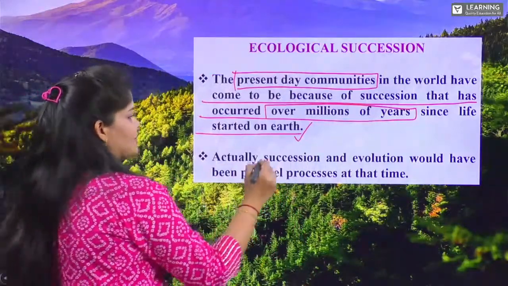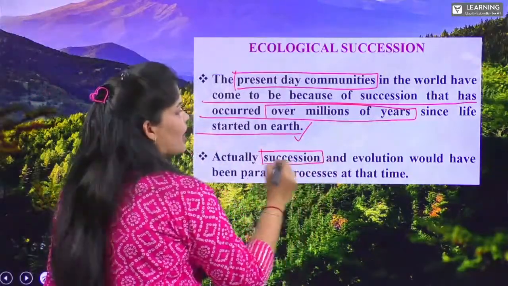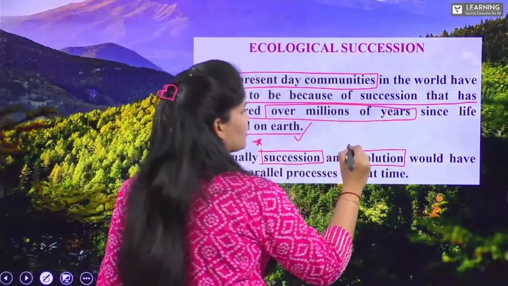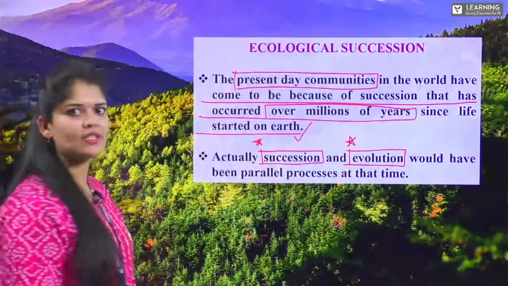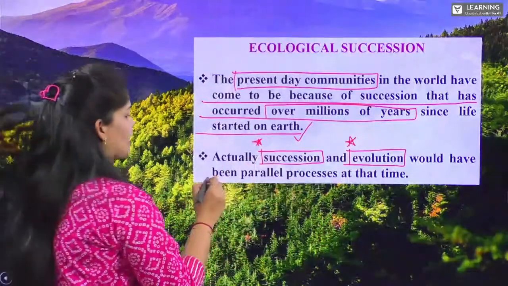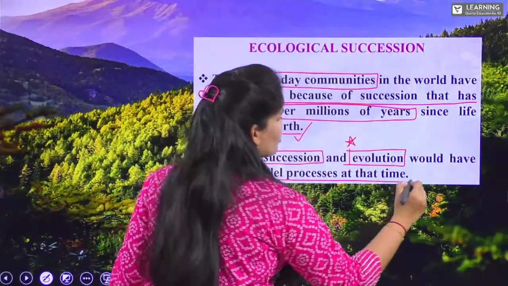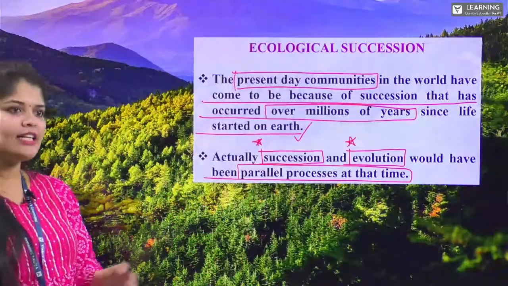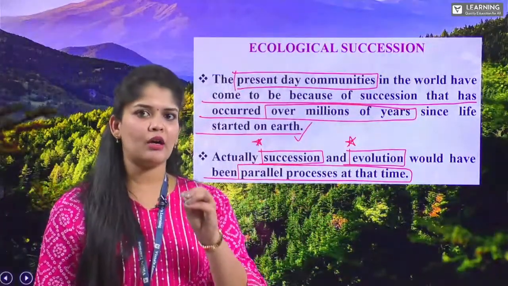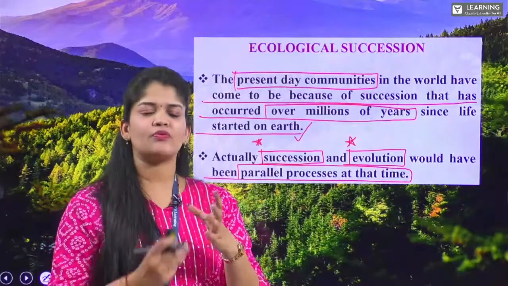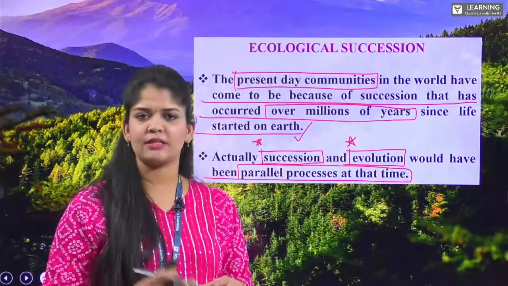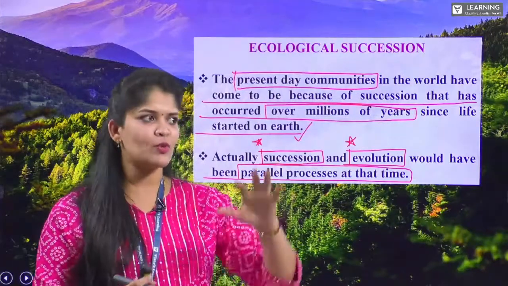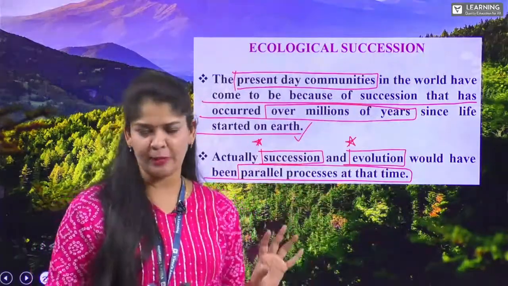Now, actually succession and evolution. Succession as well as evolution would have been parallel processes at any given time. If you take any point of time, whether it is a plant ecosystem or an animal ecosystem, both will show changes in response to the changes happening in the environment.